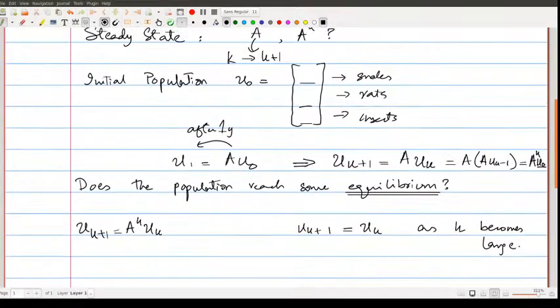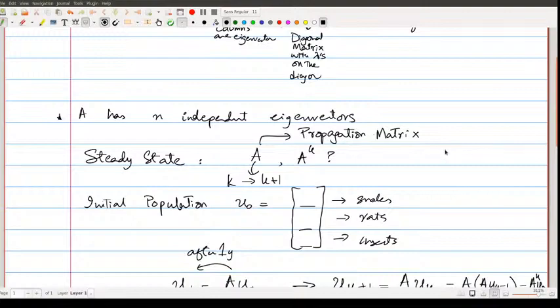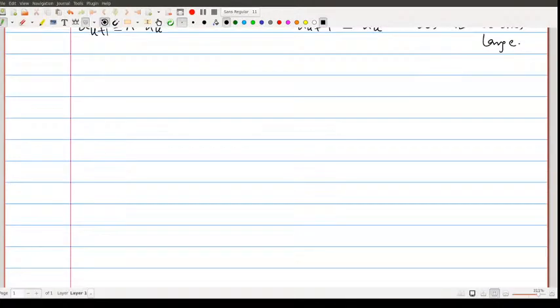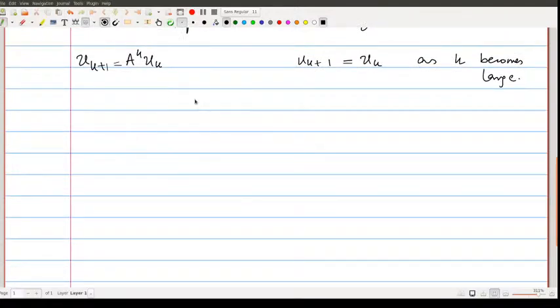Okay, and so this idea of having no effect can be seen as, for the steady state, when do we reach the steady state, right?